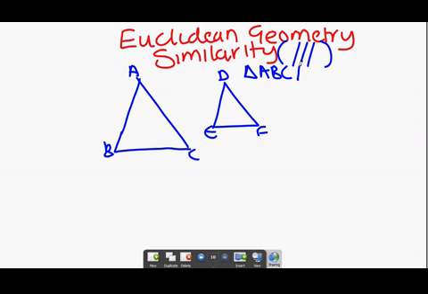Triangle ABC is similar to triangle DEF.